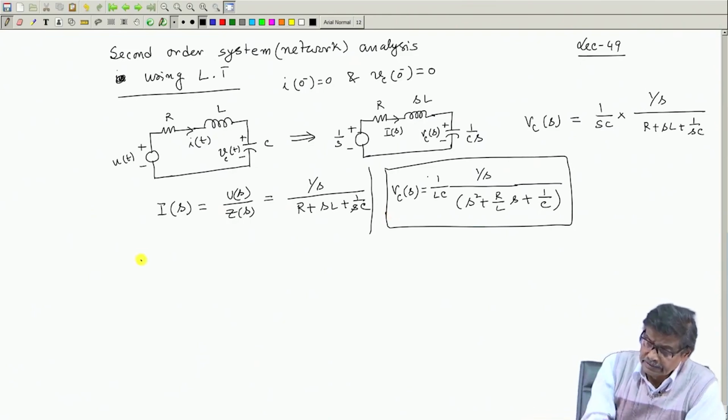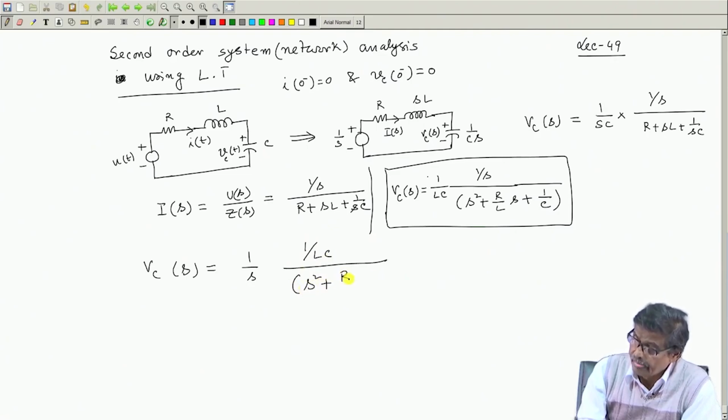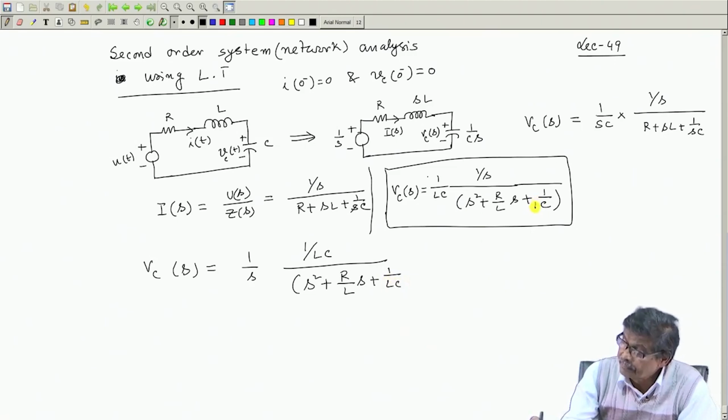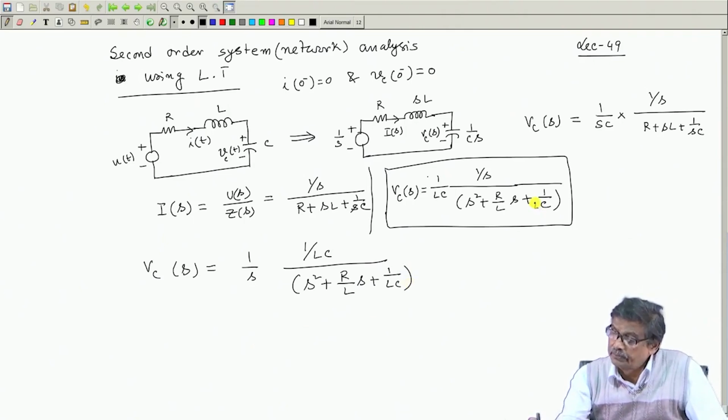So VC(s) is equal to 1 over s and 1 over LC, same expression, divided by s square plus R by L into s plus 1 over LC. I missed one L earlier here. It will be like this.